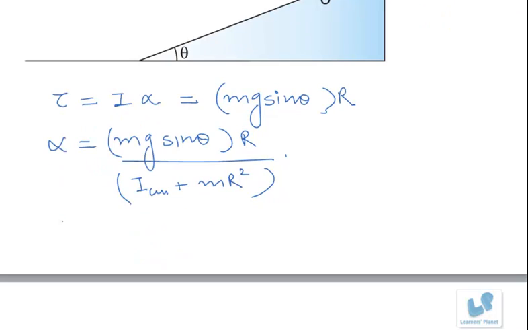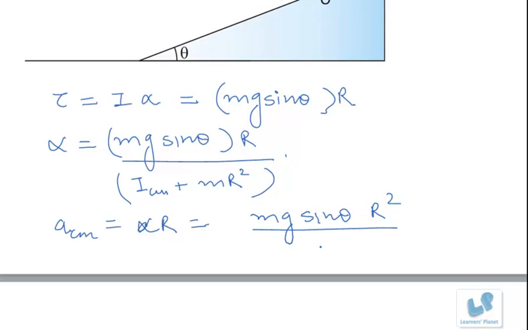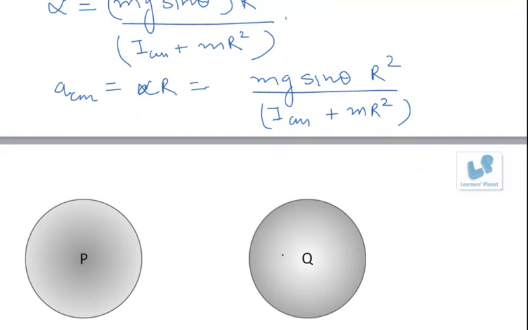Okay, so acceleration of center of mass, which is equal to alpha times r, will now be equal to mg sine theta r square upon ICM plus mr square.